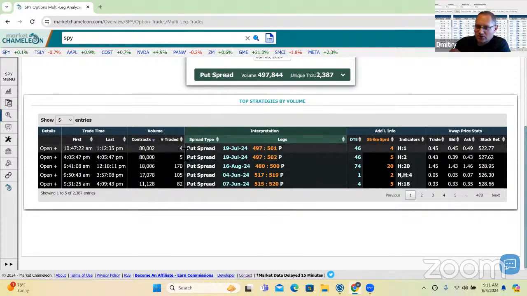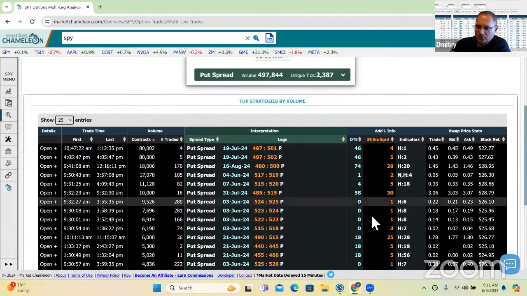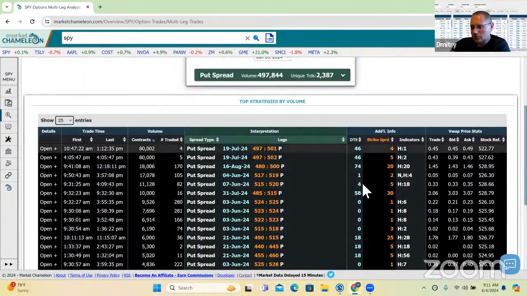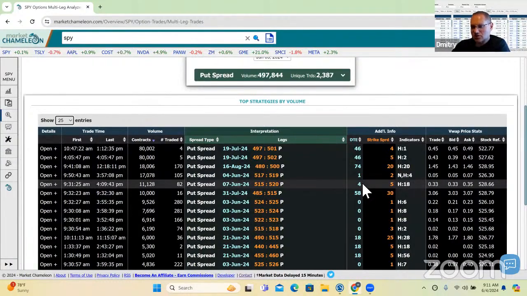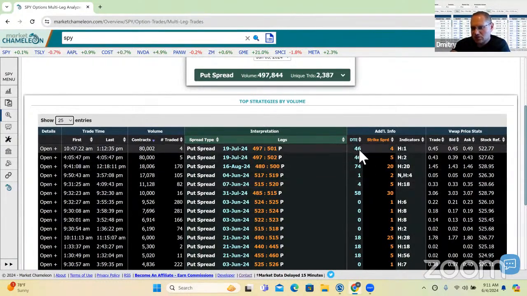It traded 4 separate times, for a total of 80,000 contracts. The put spread has 46 days to expiration. We put it here to make it easier to figure out, especially if you're just scrolling down and want to look for longer dated or shorter dated. This one has 46 days to expiration.